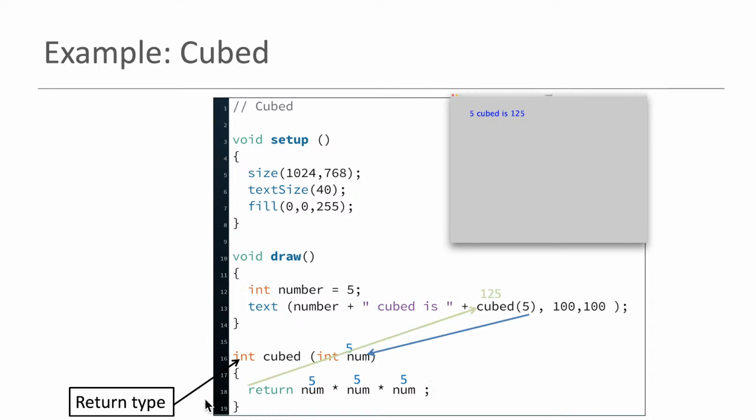So 125 gets passed back up to where it was called from. So now our string is number, which is 5, cubed is, and then the answer for cubed 5 is 125. That whole string is outputted to the display at 100, 100, the location, X and Y coordinates.